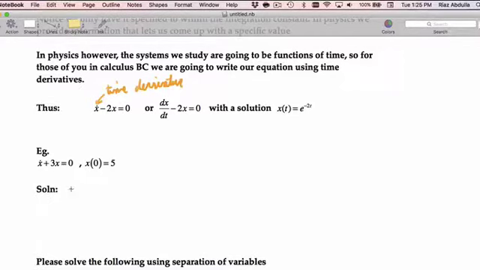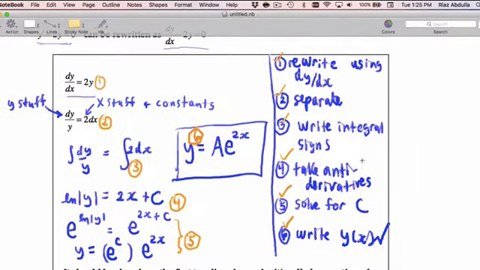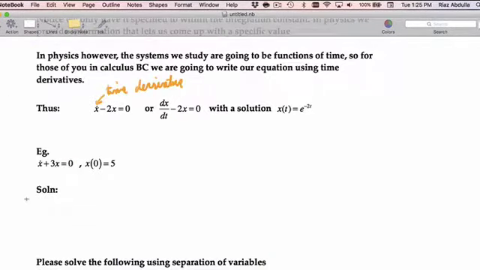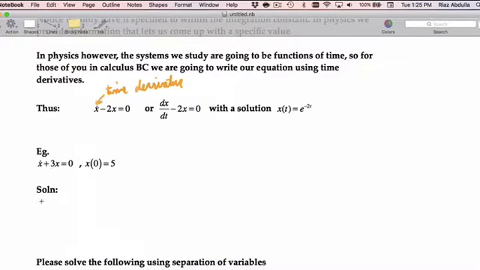The first step, if you have that written down, and I hope that you do, I'm going to refer to this list right here. Instead of writing dy dx, we're going to write this as dx dt plus 3x equals 0.